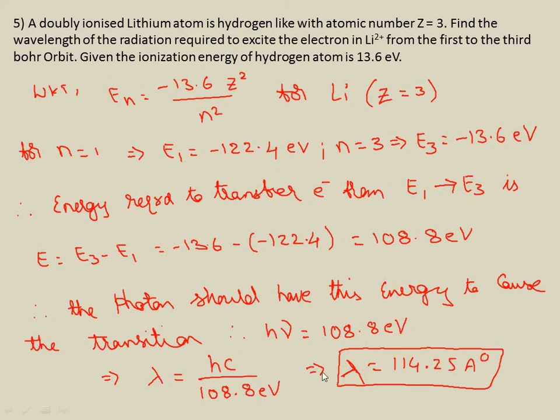Simplification. Remember, here in the problems, I'm giving you straight away the answers. I'm solving and I'm mentioning the answers. It doesn't mean that you have to solve it just like that. You have to solve the simplification process also, because the values of hc and all, like I told you already, you remember those values, substitute them and simplify.